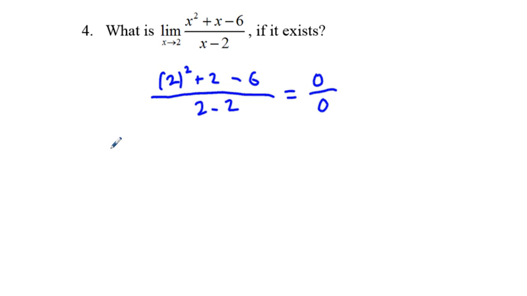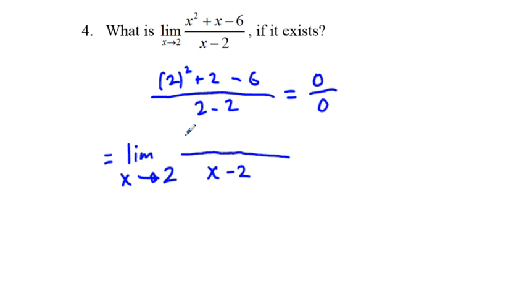So what we do is we try to factor. So this is going to be equal to the limit as x approaches 2 of, we have x minus 2 in the denominator, and in order for this thing to work out, we're going to have to be able to cancel that x minus 2 in the denominator, and so one of the factors we surmise in the numerator is going to be x minus 2.